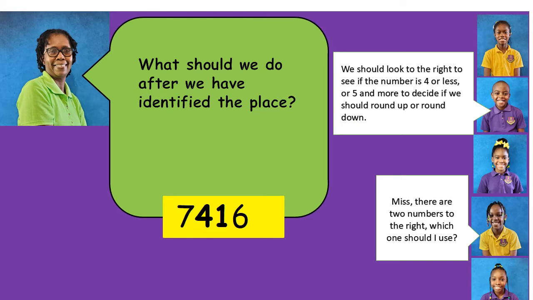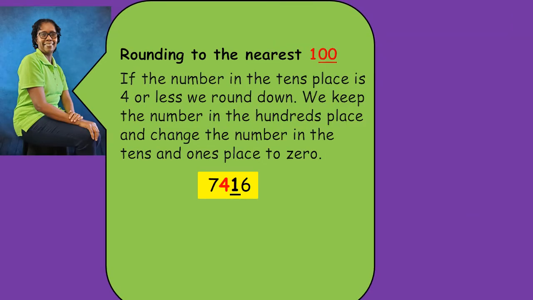All right. Now we are going to look at rounding to the nearest 100. If the number in the tens place is 4 or less, we round down. And this is what we do when we are rounding down. We keep the number in the hundreds place, so we're going to keep our 4. And we add 0 in the tens and ones place. So we keep the 4 and these two numbers become 0.